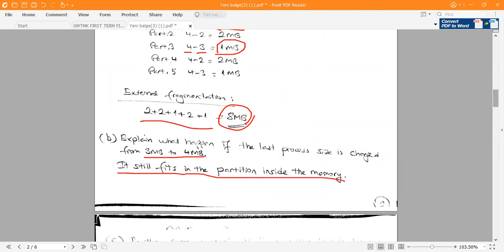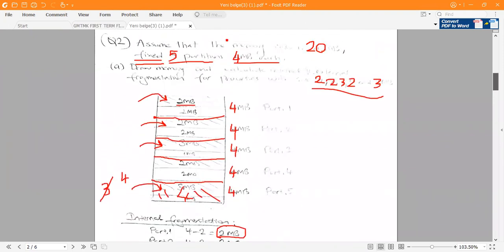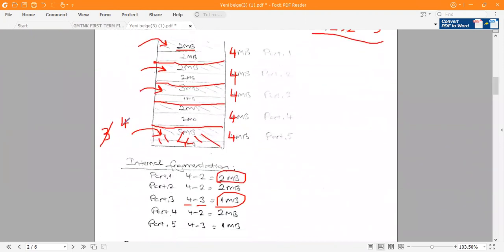But if the question was, instead of 3 megabytes, a 5 megabyte process comes, let me erase all of them, and instead of 4, let's say a 5 megabyte process tries to come inside.